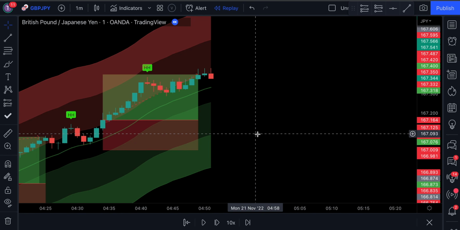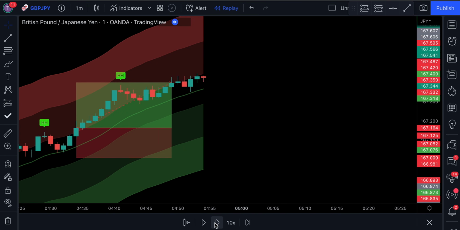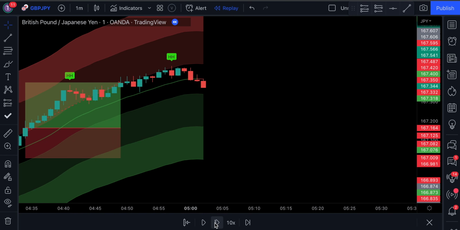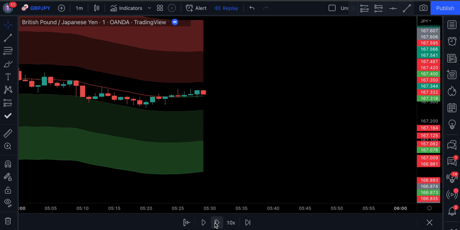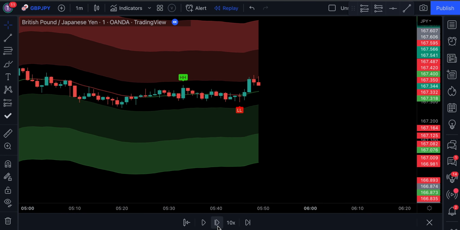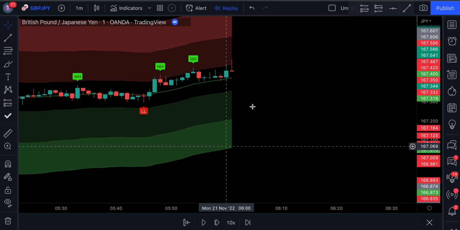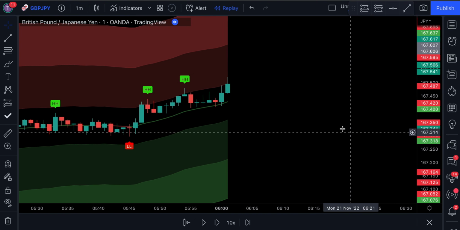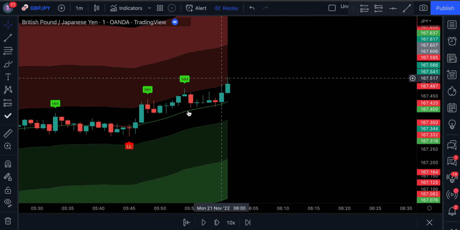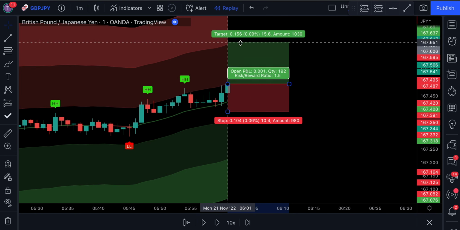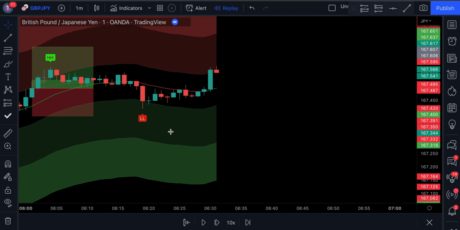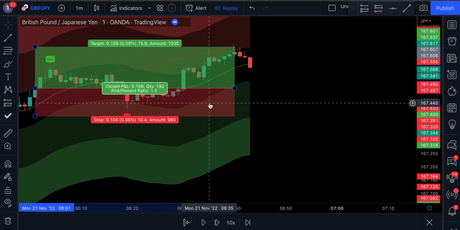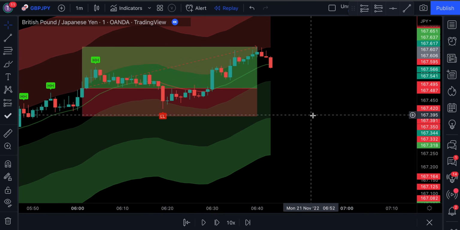As we can see, this method can give us really accurate trade entries. Here's another valid entry, we see all the conditions are met. And this trade also turned out to be profitable.